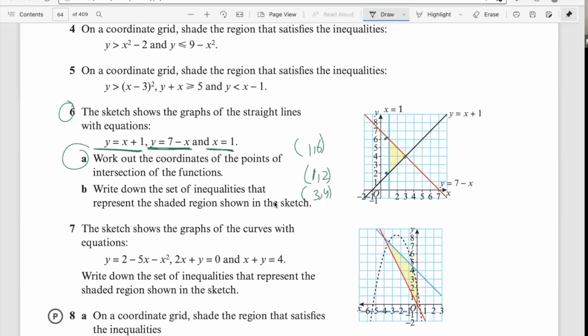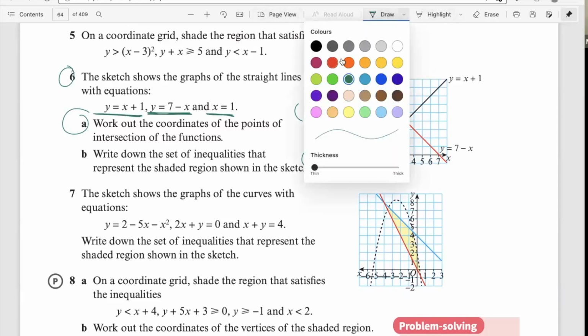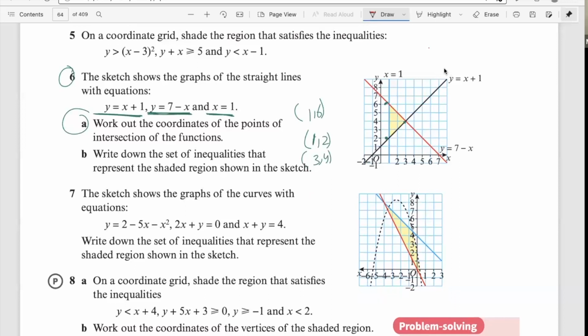Part b tells you to write down the set of inequalities that represents the shaded region shown in this sketch. So is the shaded region above or below the red line? It is below the red line. So may I change this equation with this inequality? The red one.